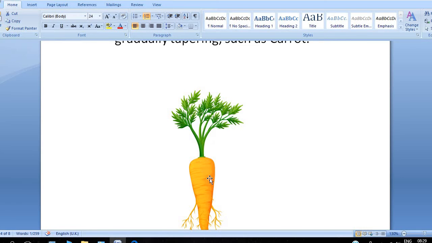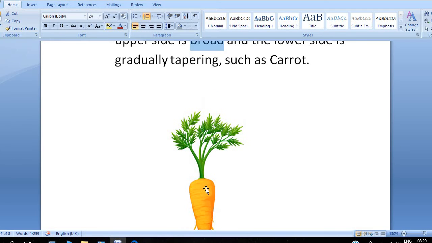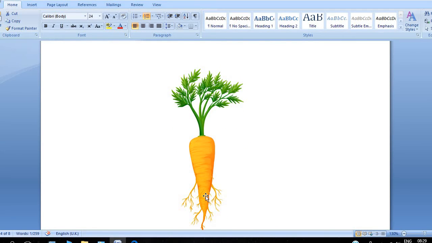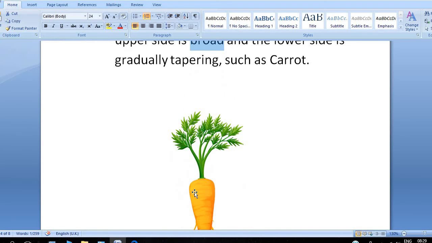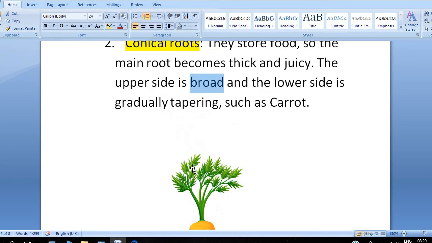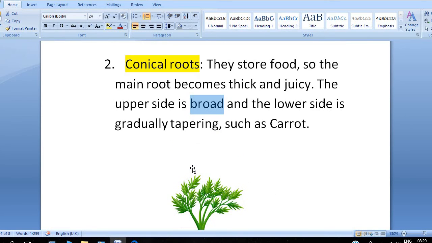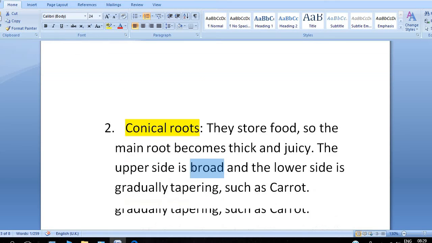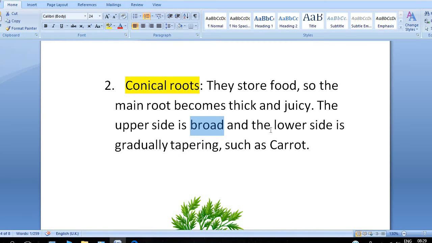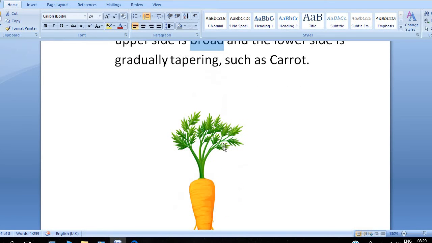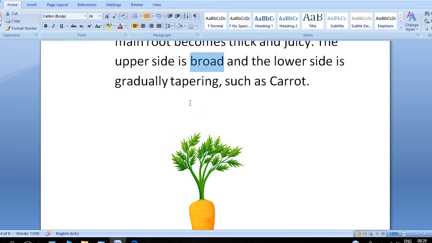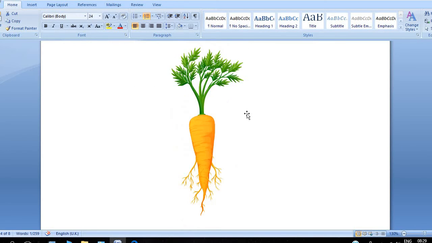So how can I identify the conical root? Looking at this figure, you can guess which one is the conical root and which one is the fusiform root. The very important point is that the upper side is broad and fat and the lower side is tapering, such as a carrot.